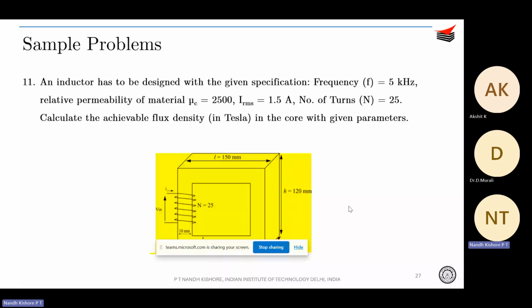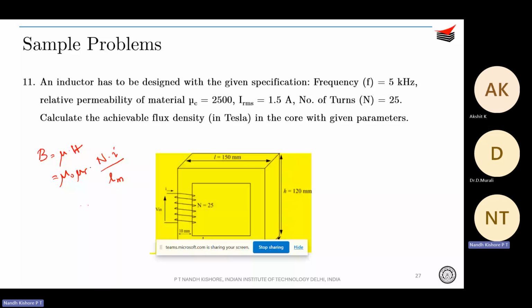So you know that B is equal to mu naught mu R into H, where H is your magnetic field intensity, and by Ampere's law you can write that as N into I by Lm. The number of turns is known.